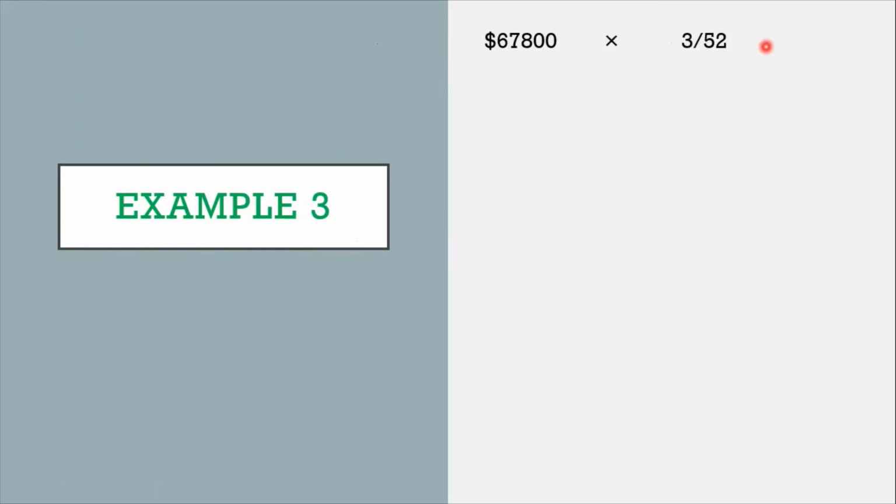We are dealing with Saskatchewan, so remember to use the fraction, not the percentage. Here we will get 3,911.54. This is the amount of money that Anna, who works for Saskatchewan, is entitled to when she is on vacation for 3 weeks.